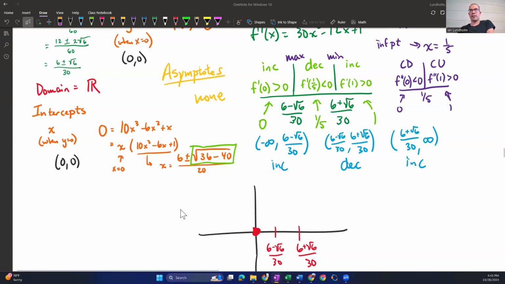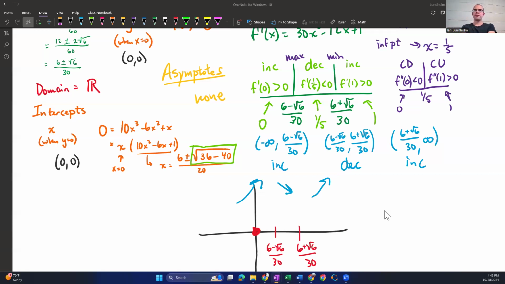For whatever reason, I just decided to write those backwards. So it's increasing up to this point, then it's decreasing over this interval, and then it's increasing after that. So I might draw some arrows in there just to remind me.